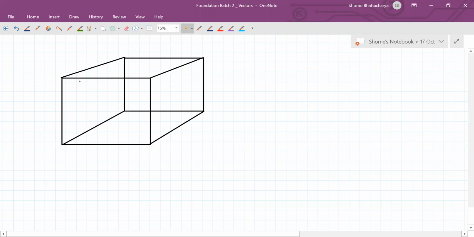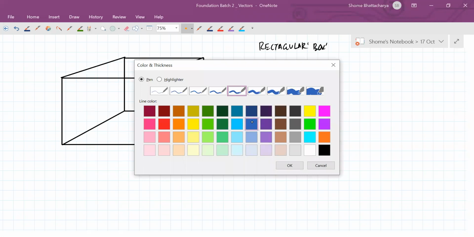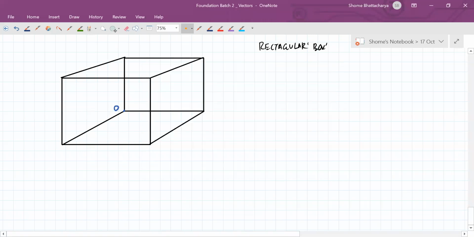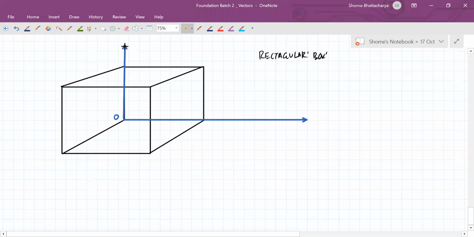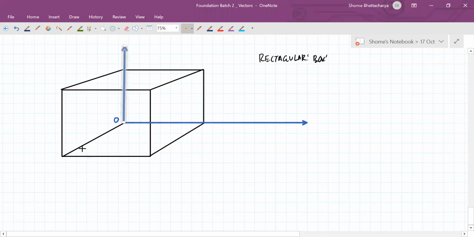This is a rectangular box, and now what you do is you assign one of the corners of the box to be the origin, and assign the line along one of the edges to be your x-axis, the line along one of the perpendicular edges to be your y-axis, and another one to be your z-axis.